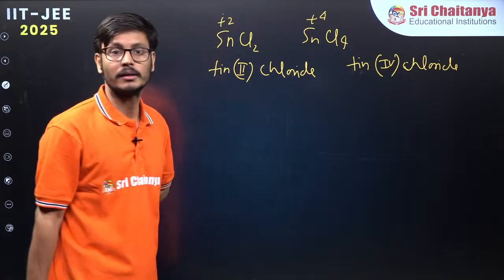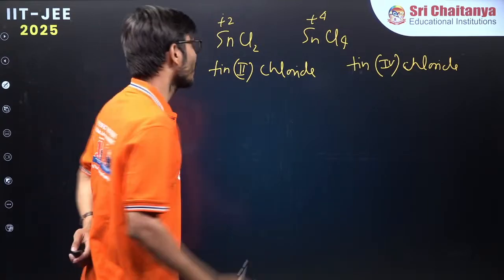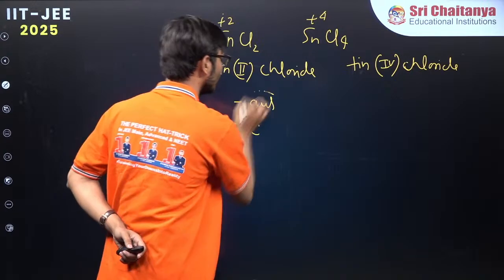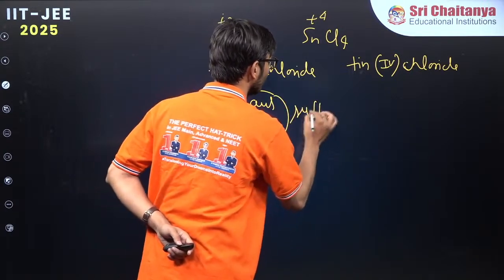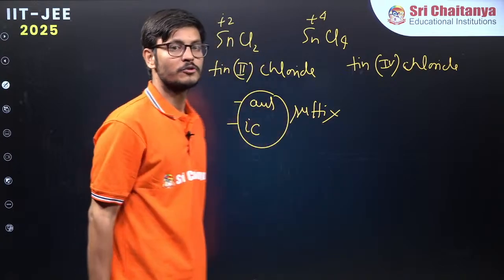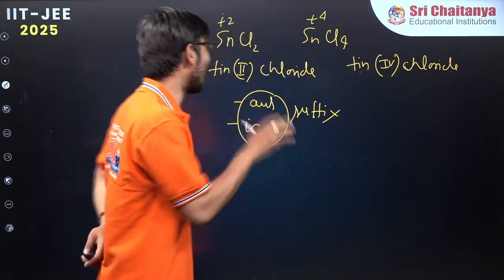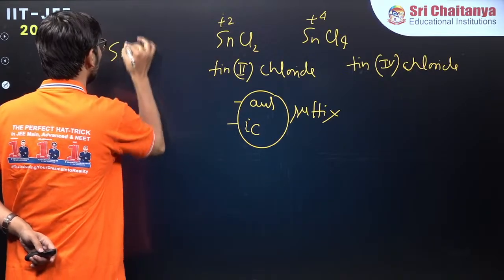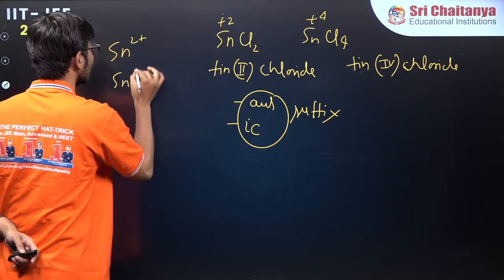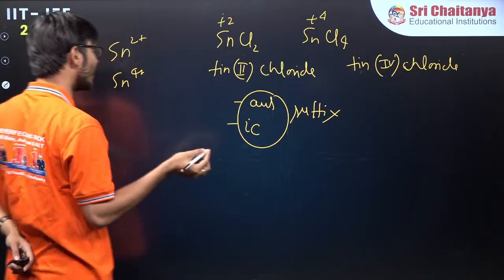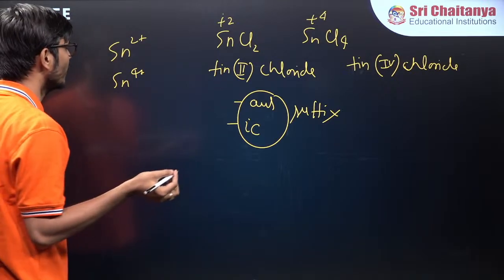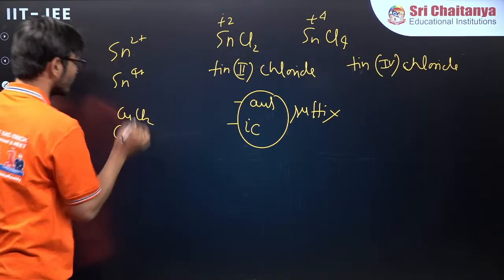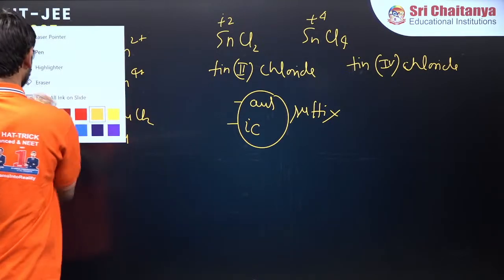Now, very, very important. What is the meaning of ous and what is the meaning of ic? These are suffixes, and this is when they are used. Please remember, whenever a metal ion has more than one charge, let us say Sn2+ and Sn4+, or let us say CuCl and CuCl2, that means Cu+ and Cu2+.